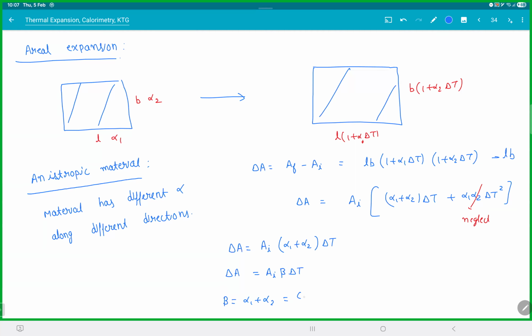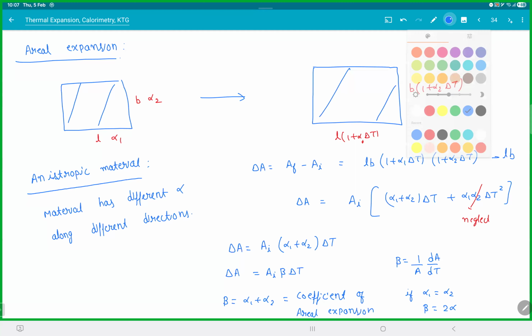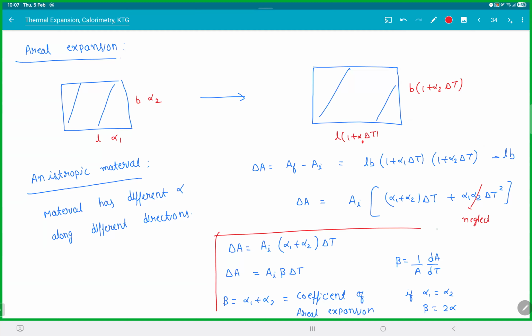This is called the coefficient of areal expansion. Just like linear expansion, this is areal expansion. So you can write beta as 1 by area dA by dT. If the material is uniform, if alpha 1 is equal to alpha 2, then your beta becomes 2 alpha. That's mostly a CET level type question. Please have a look at this.